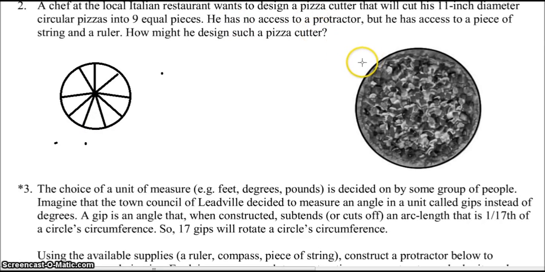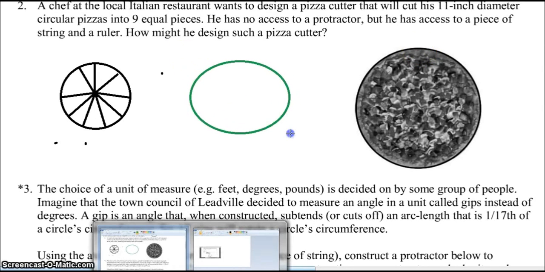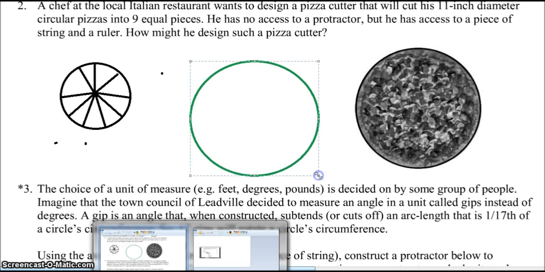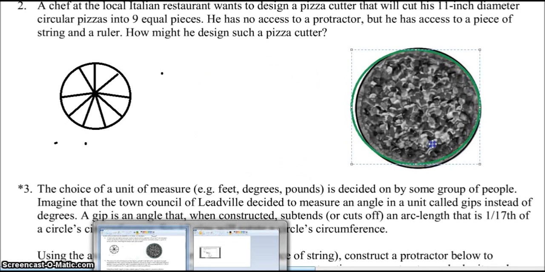So if he gets his string, he can perhaps, we assume he has sense enough to make his pizza cutter the same size as his pizza, with an 11-inch diameter.